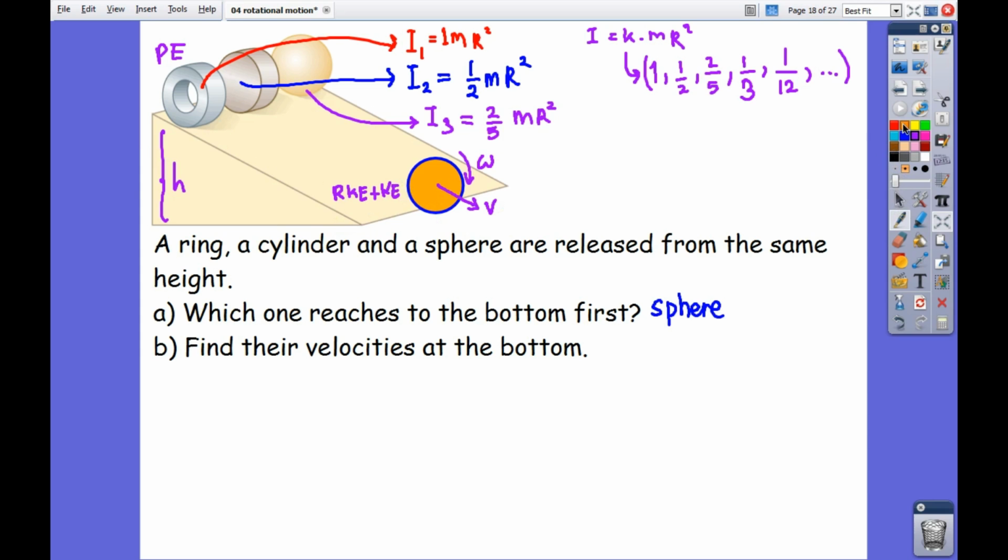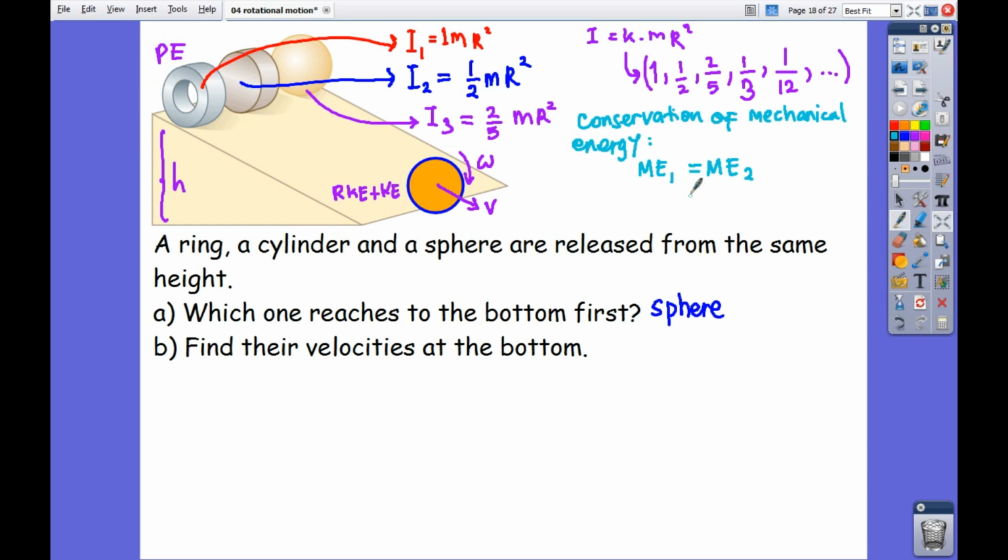So by using the mechanical energy conservation formula, mechanical energy at the first condition should equal mechanical energy at the second condition.